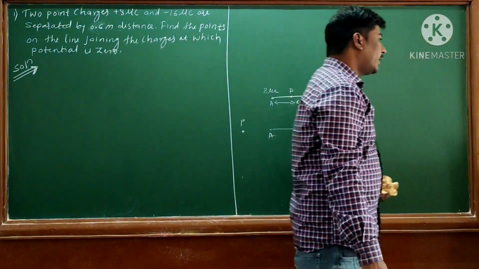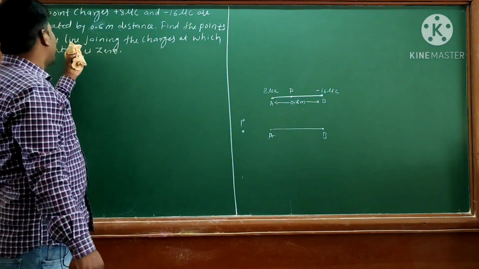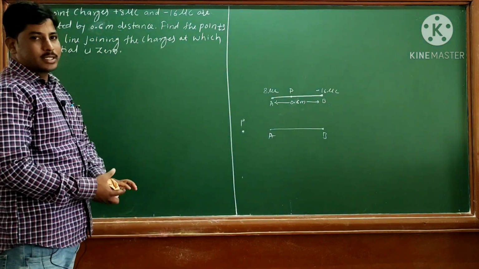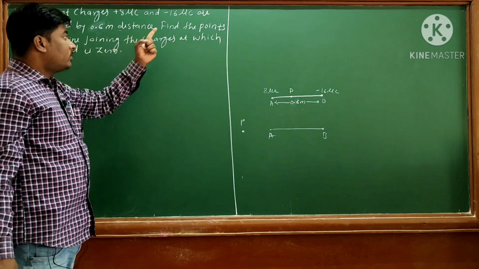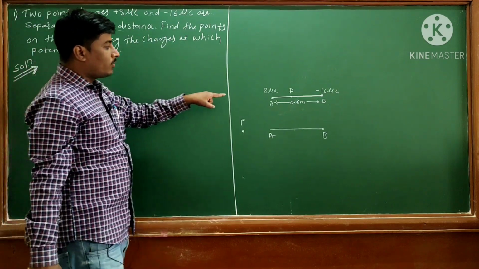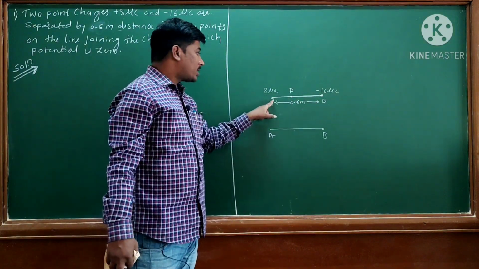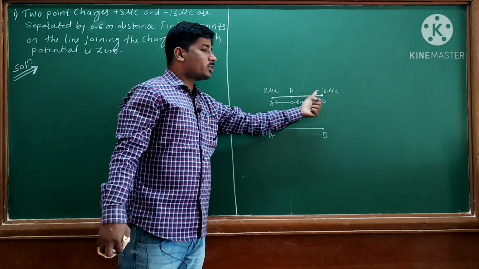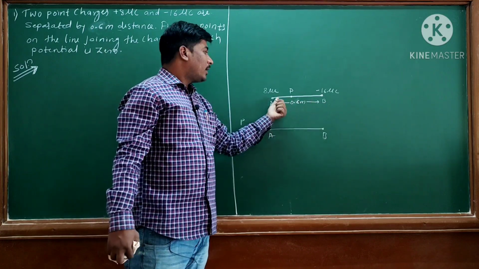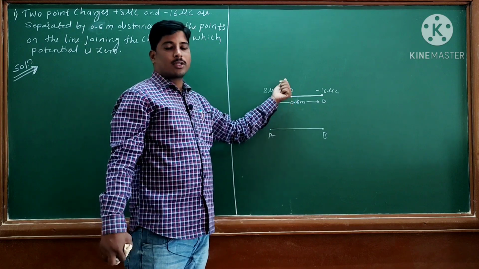As I said, we have to find the points or positions on the line joining the 2 charges. This is the line which joins the 2 charges, and on this line we have to find the position or the point.